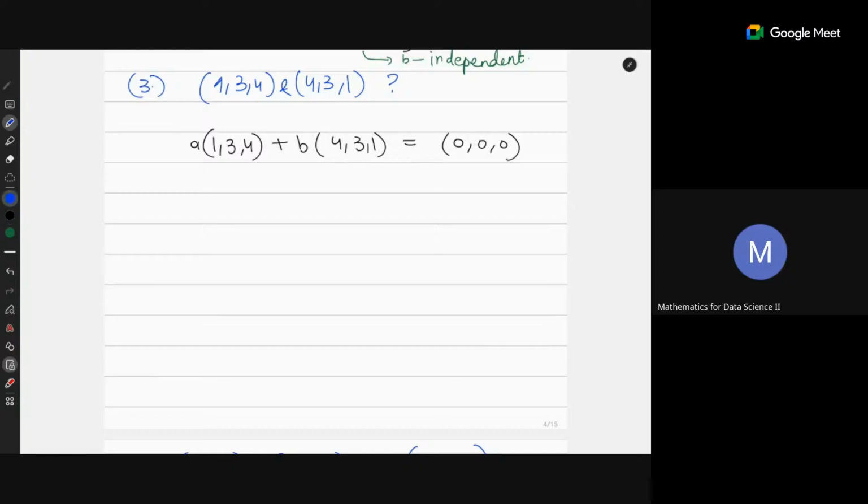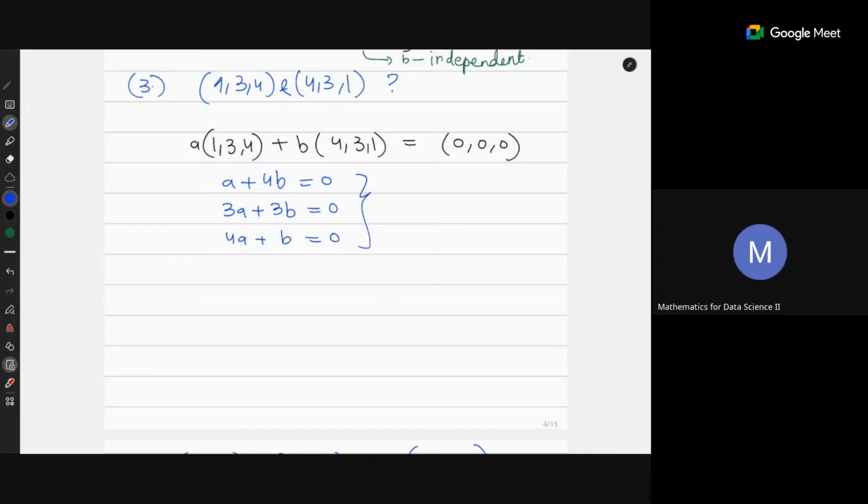So again, we will get a set of equations: a plus 4b equal to 0, 3a plus 3b equal to 0, 4a plus b.